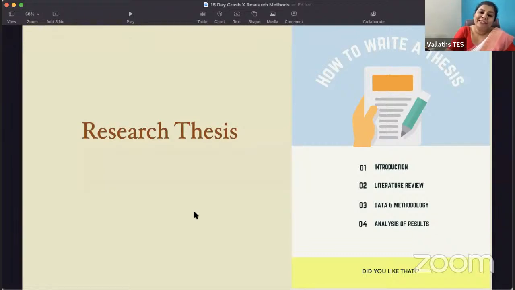Isn't it, guys? So these are the various ways in which you write a research thesis. I'm feeling very tired because of my COVID, and my eyes are also not functioning. It's nothing to worry about. It is only because I had so much headache and I need to take rest in between. If I go a little slow, everything is fine. From morning till evening, in between, I'm resting, but I'm doing a lot of work.